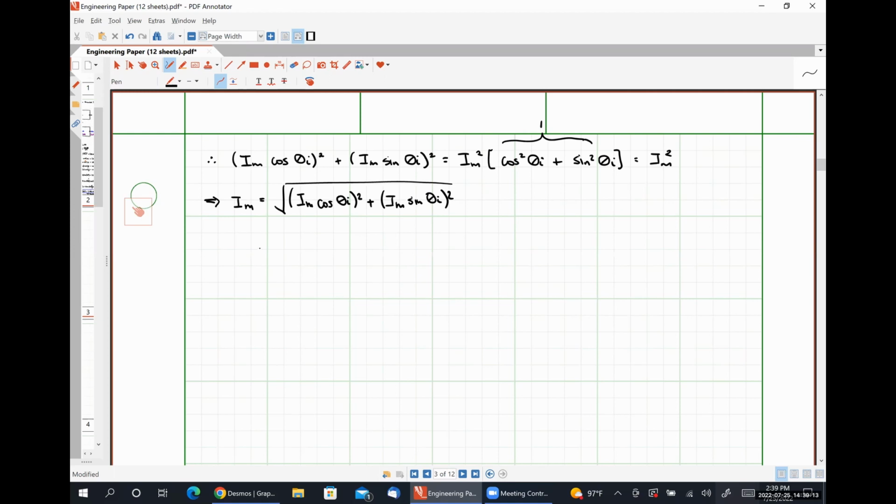And wouldn't you know it, we just figured out what Im cosine theta I and Im sine theta I are. So our magnitude is the square root of 0.921 squared plus negative 1.686 squared, which comes out to be 1.921 amps.